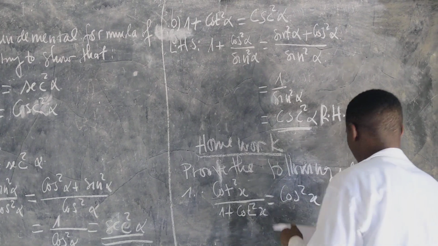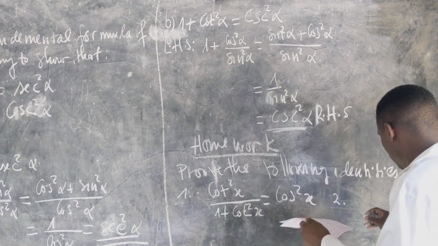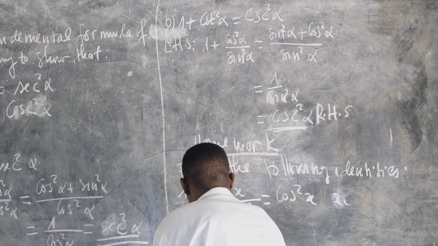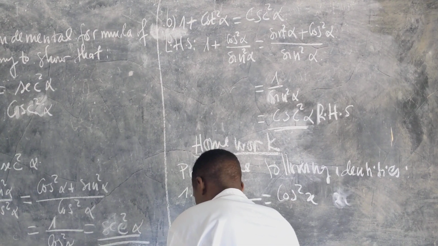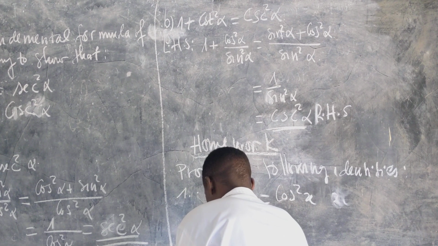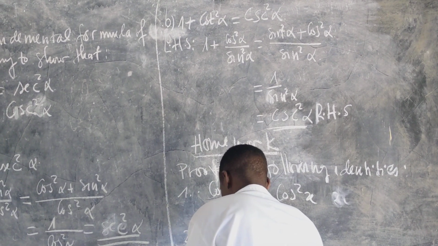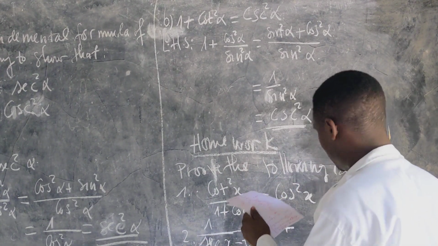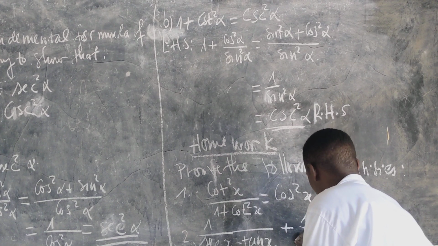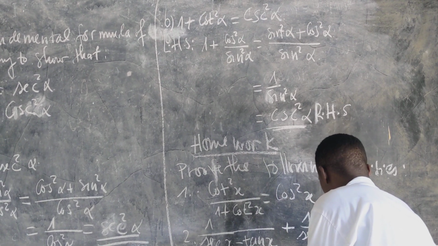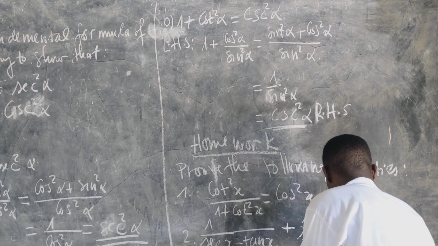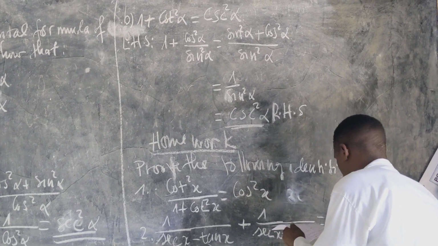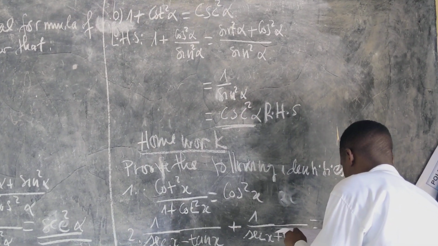The second one is that 1 over sec of x minus tan of x plus 1 over sec of x plus tan of x is equal to sec of x.